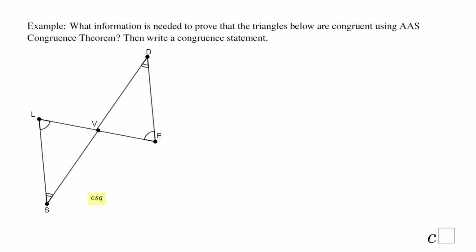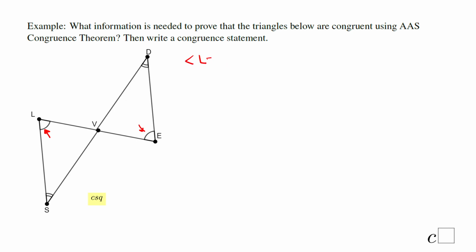Let's move to the next example. Very similar. We had this picture before, but now we want to use the angle, angle, side. So again, we have these two angles congruent. We see that in the picture.